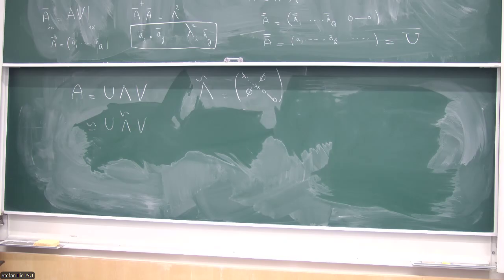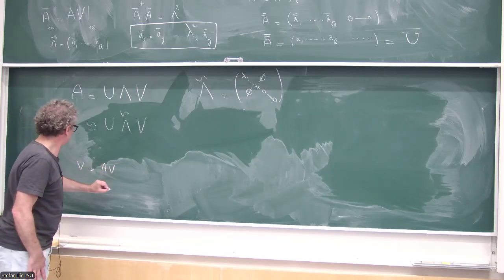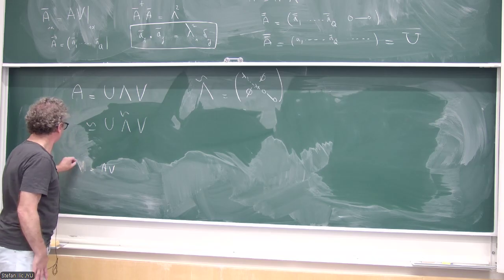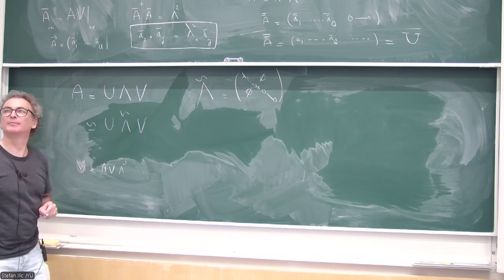I think in the notes I have been a bit careful, so it should be correct. If I messed up something here, yeah, okay. I already erased most of it. No, it's here. AV lambda minus 1. So I had V equal, U, sorry, equal AV lambda minus 1. Yes, so I messed up the daggers.